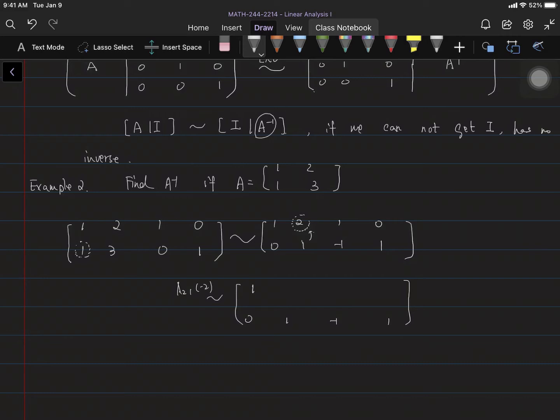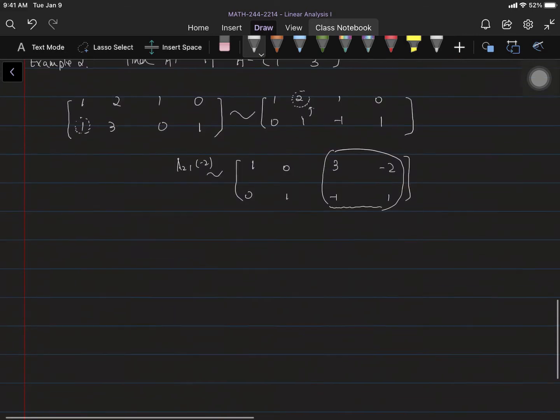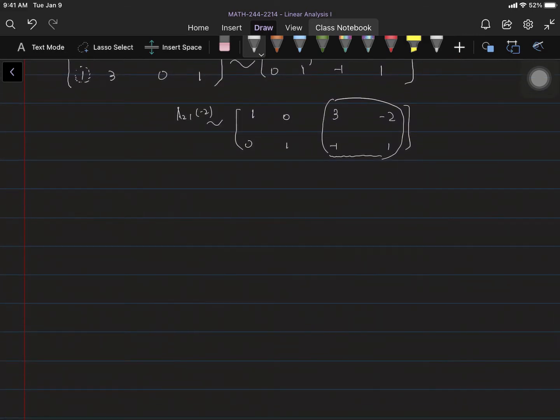So 1, 0, 1 times -2, positive 2 there is 3, and 1 times -2 there, -2. The left side is already the identity, right? And so the inverse matrix is just the right side: 3, -2, -1, 1.